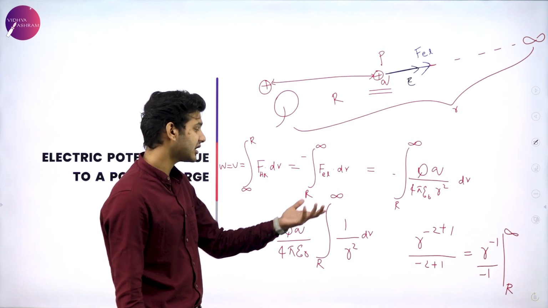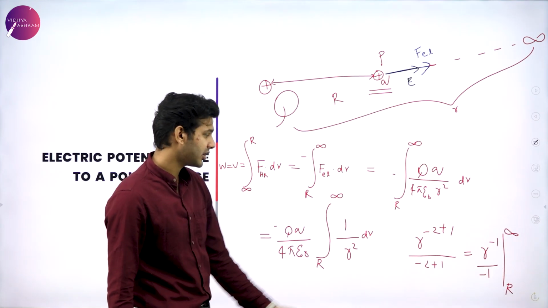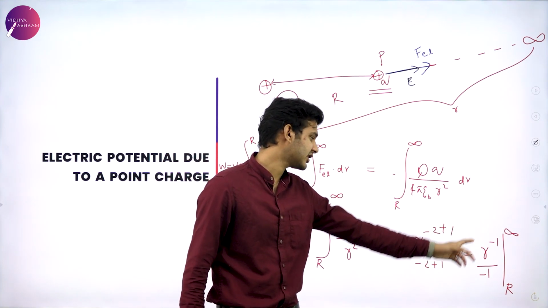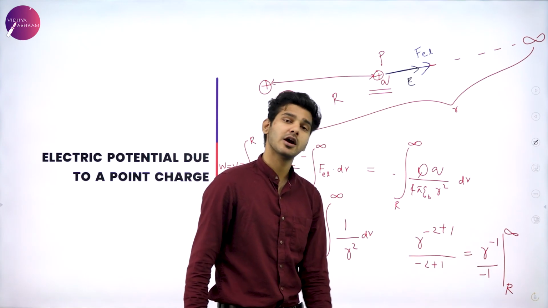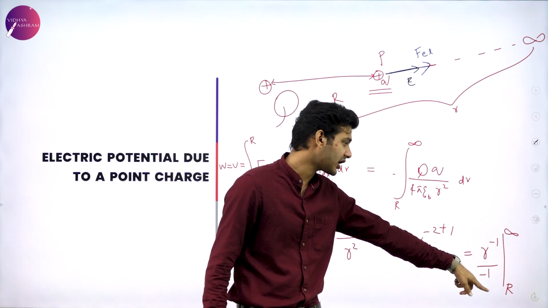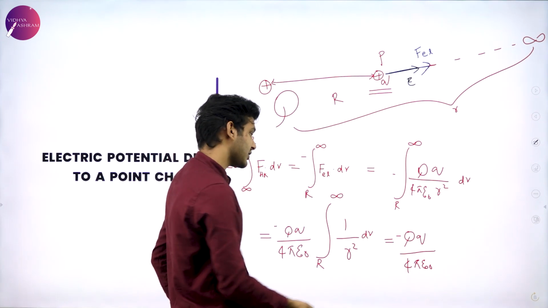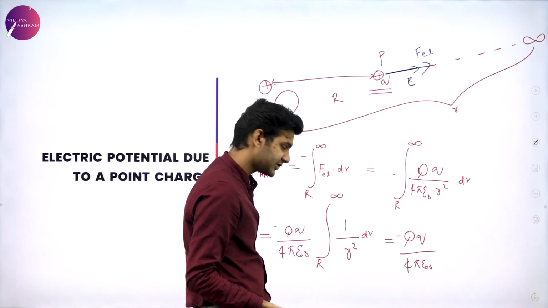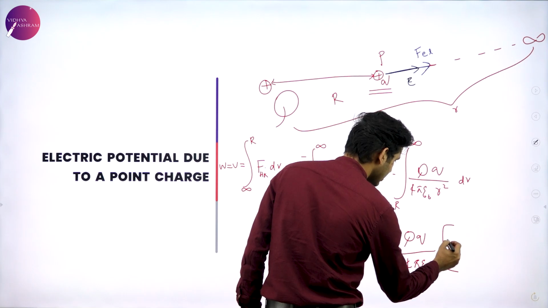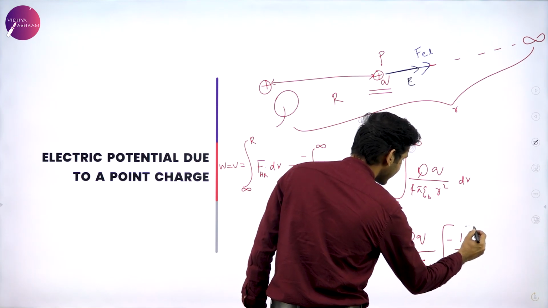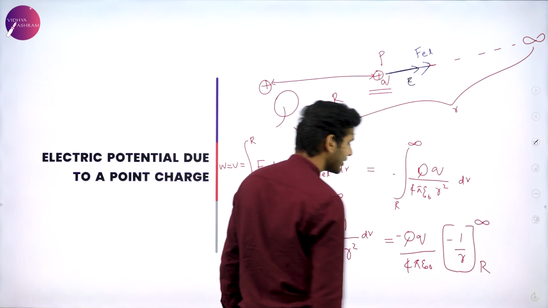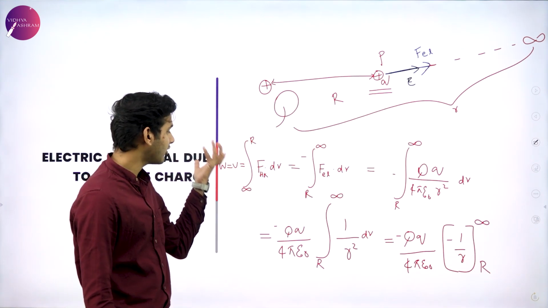infinity. You can do the integration and find out the answer, but you can do it more easily by this method. r raised to minus 2 plus 1 is r raised to minus 1, and minus 2 plus 1 is simply minus 1. So we can write this as minus 1 by r from r to infinity. So we can write this as minus q divided by 4 pi epsilon naught times minus 1 by r, with the upper value infinity and the lower value capital R, and solving this we will get our potential energy.